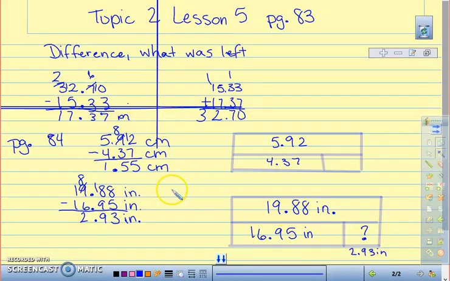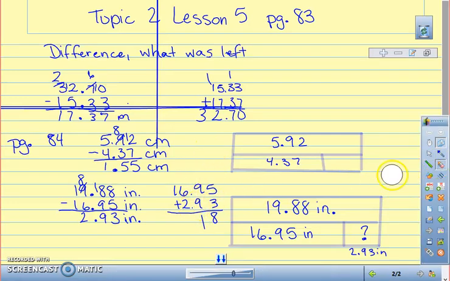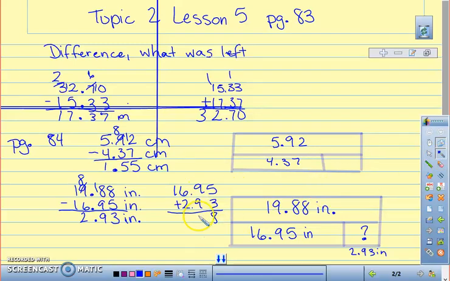If I wanted to add those together, I could check my work. So 5/100 plus 3/100 is equal to 8/100. 9/10 plus 9/10 is equal to, sorry, my pen just froze for a second, so let me erase that and do that again. 9/10 plus 9/10 is equal to 18/10.